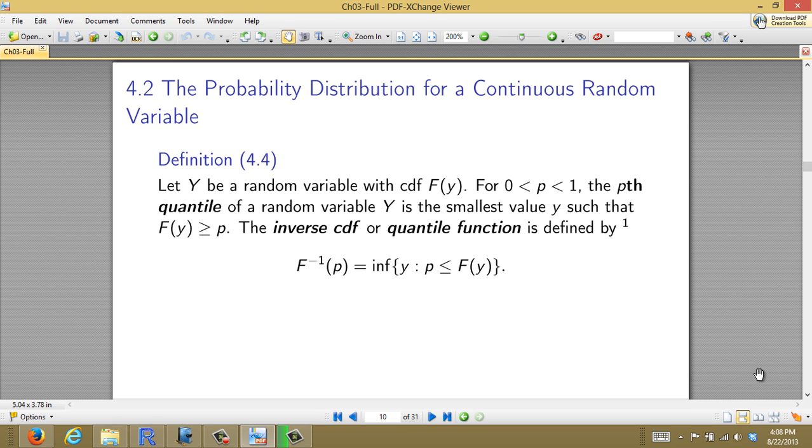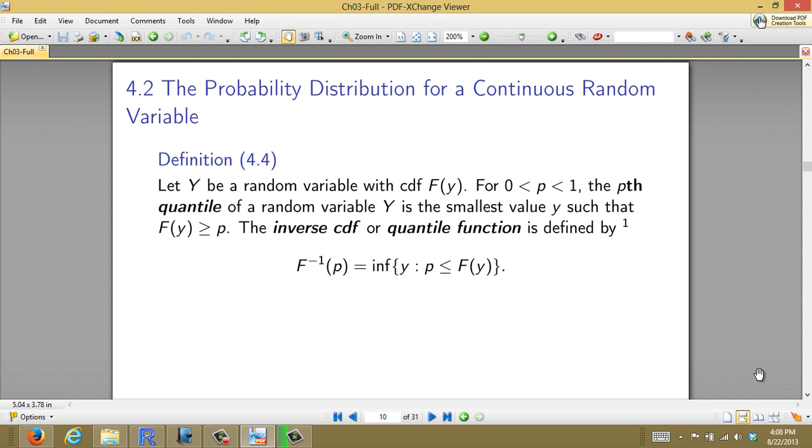Another characteristic of interest related to random variables is the quantile of a random variable. So if we talk about the pth quantile of a random variable, p is going to be a number between 0 and 1, and the pth quantile will be the smallest value of y such that the CDF evaluated at that value of y is greater than or equal to p.